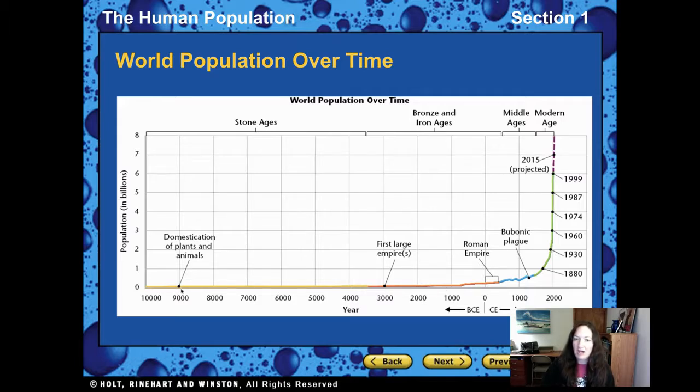So all throughout this time, slow growth was the theme. But around 1880, things just started to shoot straight up. And this is an old picture, so 2015 projected. We actually reached 7 billion by 2011. So we are well on our way to 8 billion at this point. So this exponential growth curve is that J-shaped curve that you see.